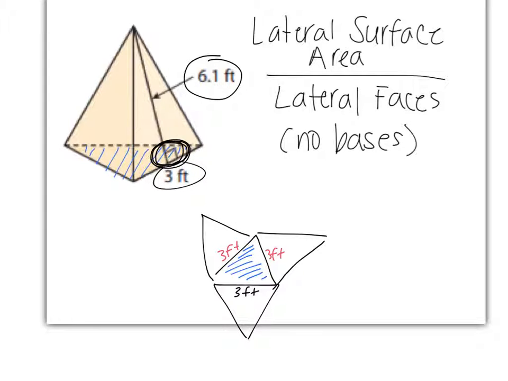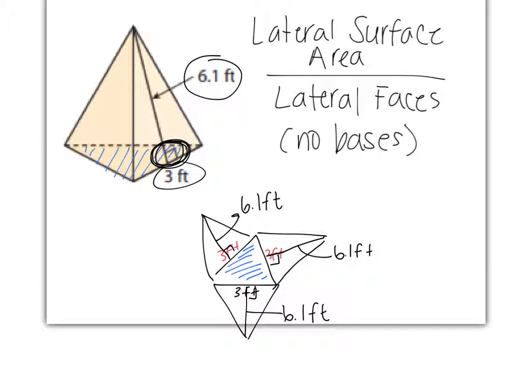Remember, for finding the height of a triangle, it must be a perpendicular angle. From point to top right here, this is 6.1 feet. Since it only gave us one, all of these are 6.1 feet. And that's how you construct a net from a solid. You just flatten it out.